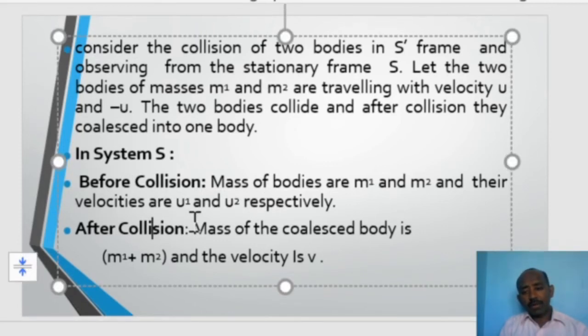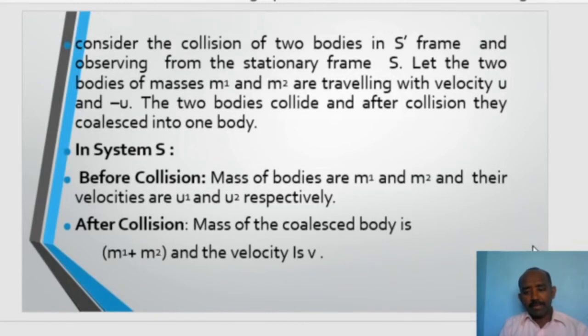So after the collision, what happens? The two bodies become one body. That body's mass is m1 plus m2 and its velocity is v.